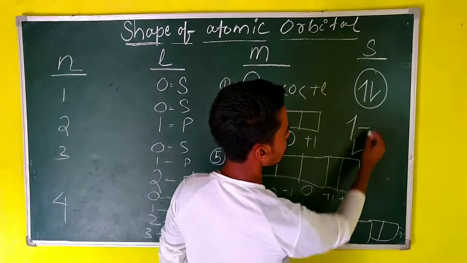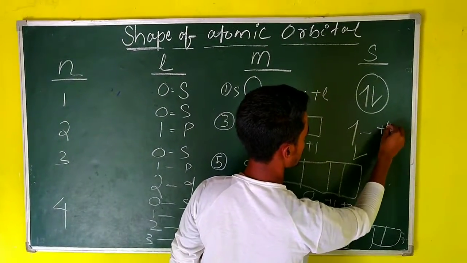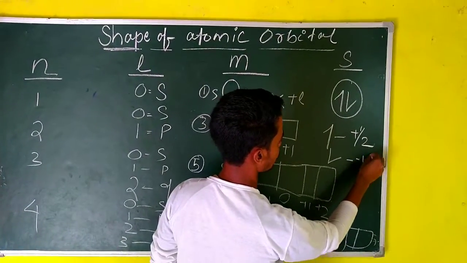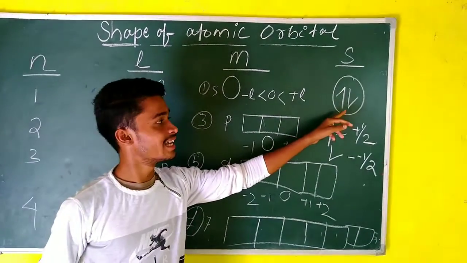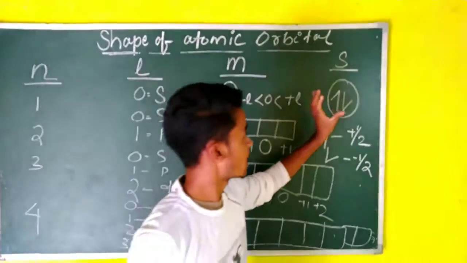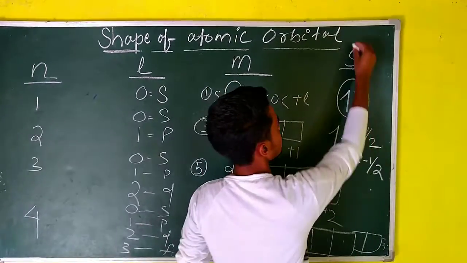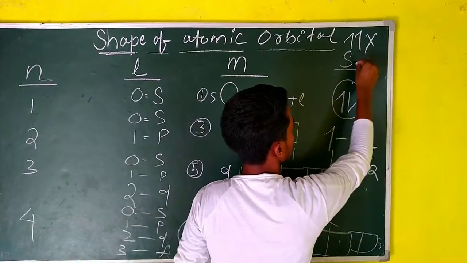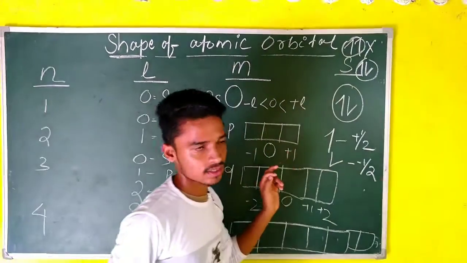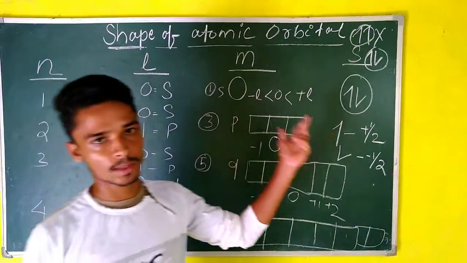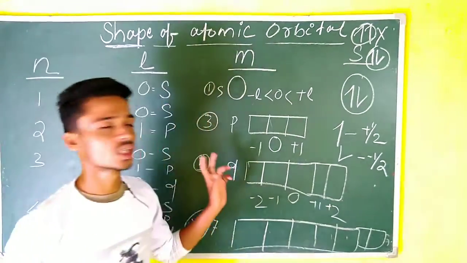Clockwise spin value is plus half, anti-clockwise spin value is minus half. The 2 electrons in an orbital have opposite spin, not the same or parallel spin. In this style an electron is present in an orbital. These are the four quantum numbers. Very short concept.